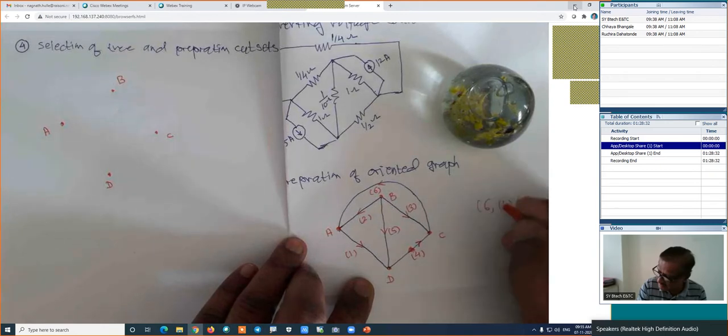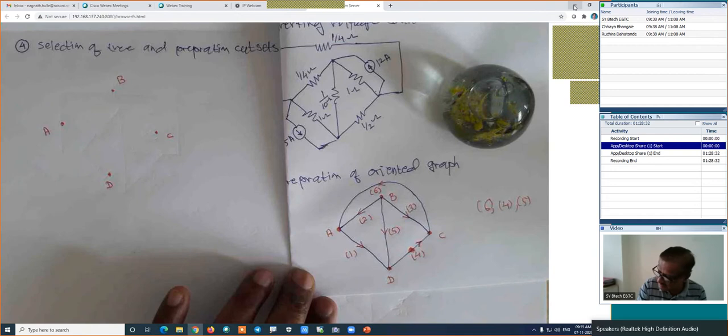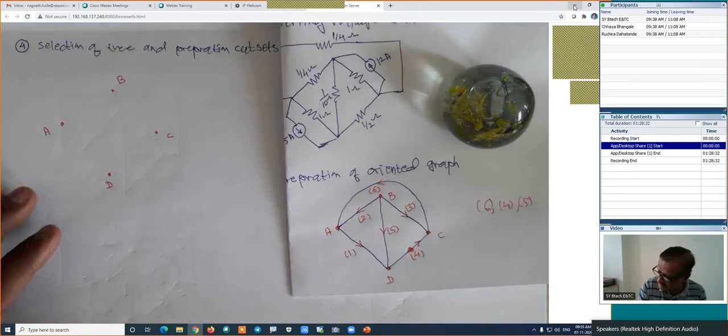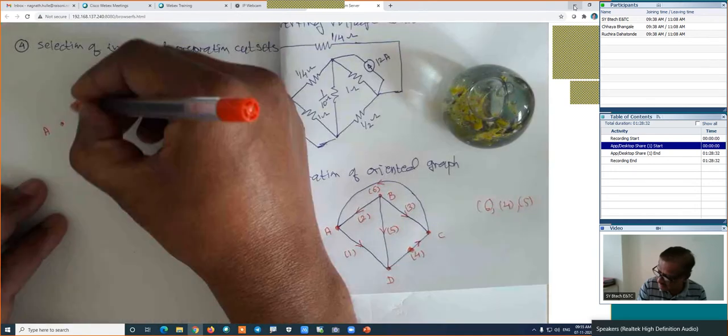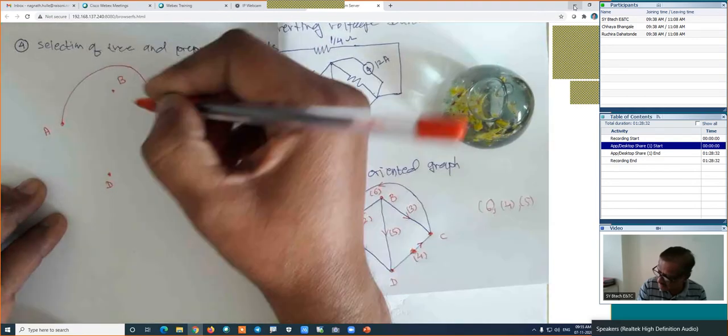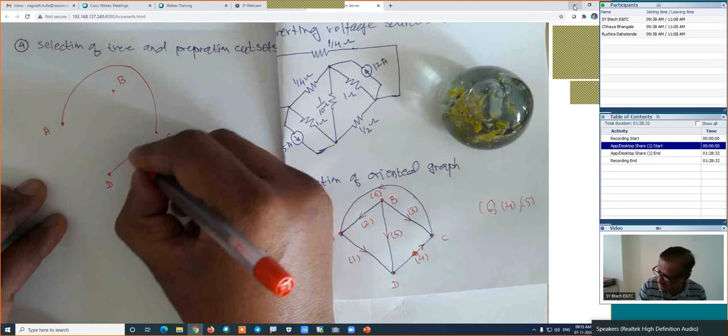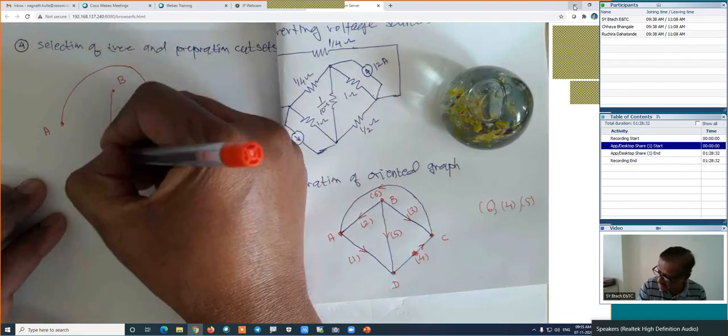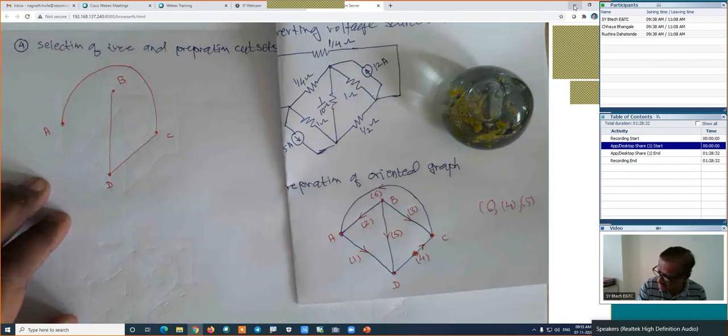This is branch number 6, this is another branch and this is another branch. We are selecting this as a tree.